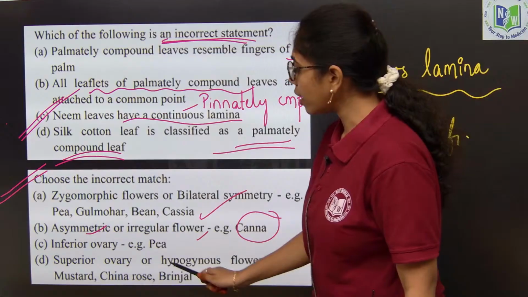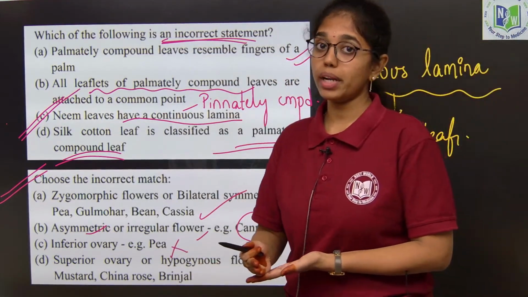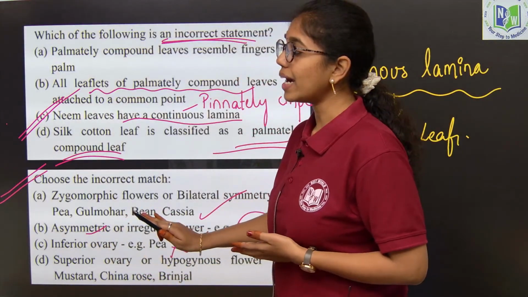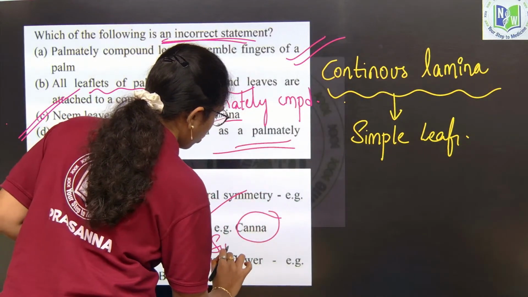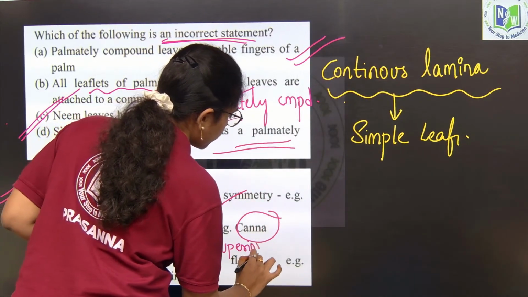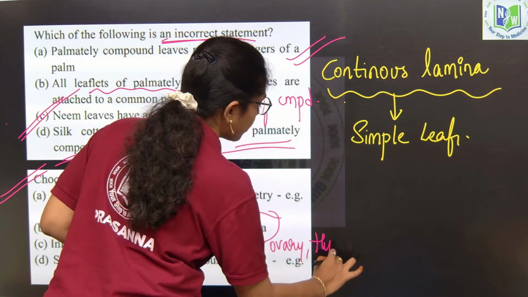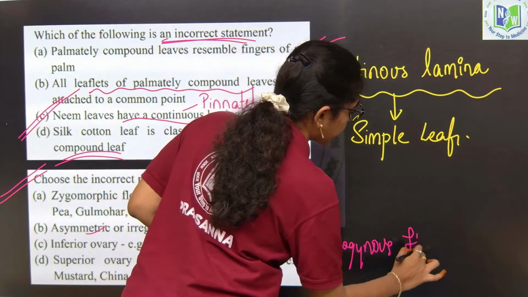Next, inferior ovary is P. Wrong. P has a superior ovary. It belongs to the Fabaceae family. It has a superior ovary and hypogynous flower.